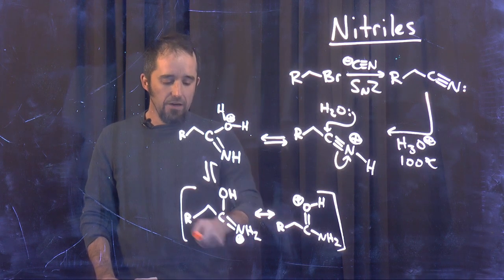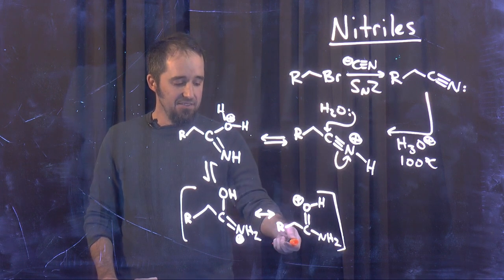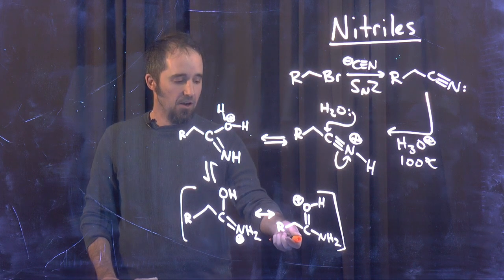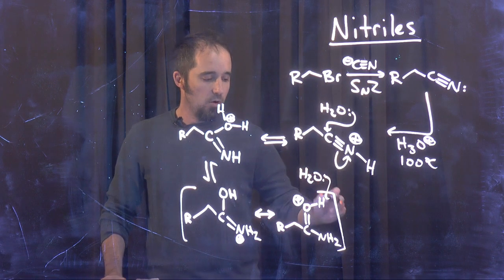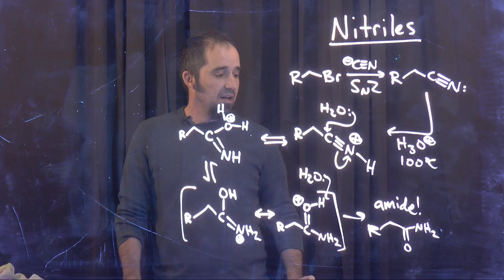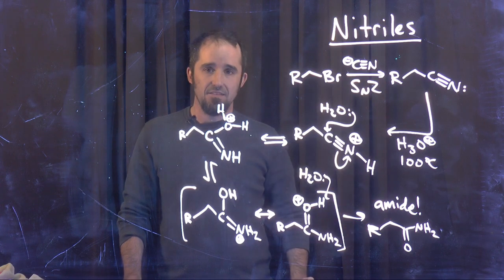What looks weird over here looks more familiar over here. This is a protonated amide. We saw this in our video about amide hydrolysis, right? So once this loses that acidic proton back to water, I end up with an amide. So I'm able to hydrolyze a nitrile to an amide in aqueous acid.